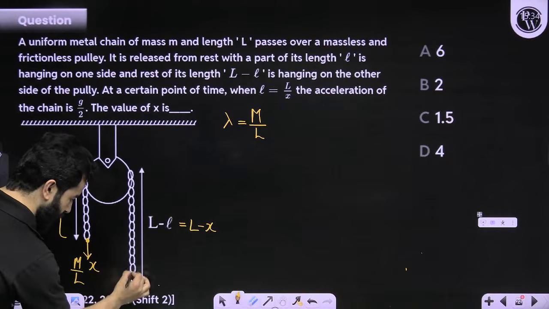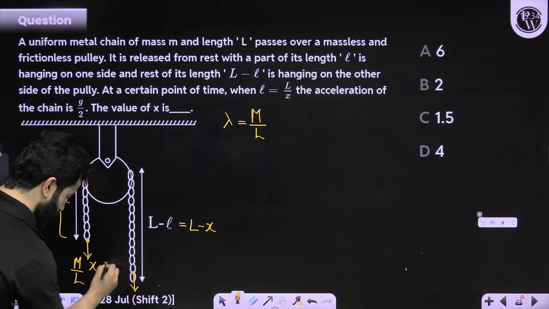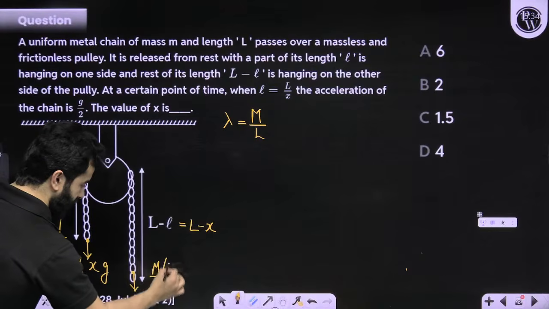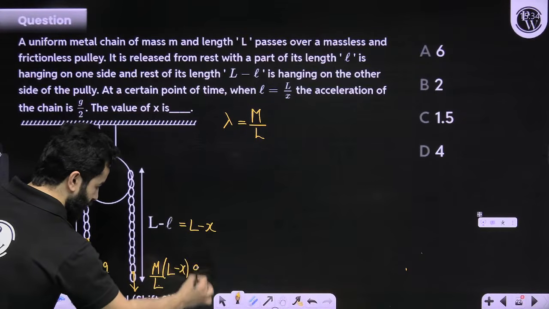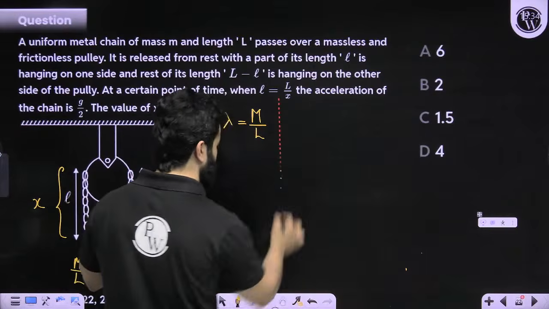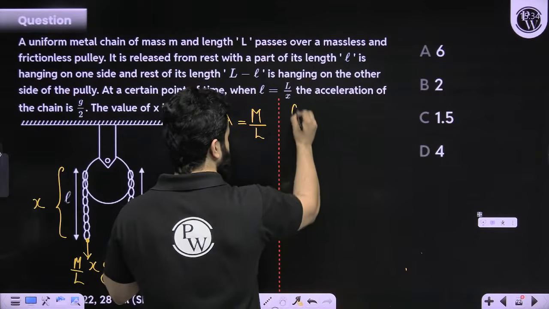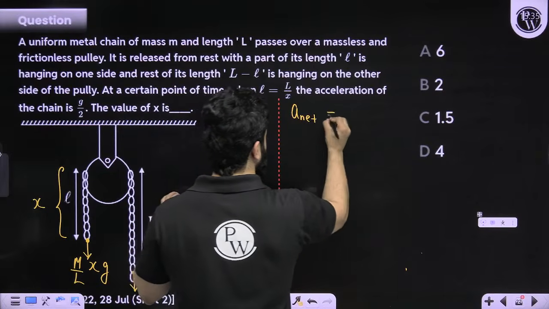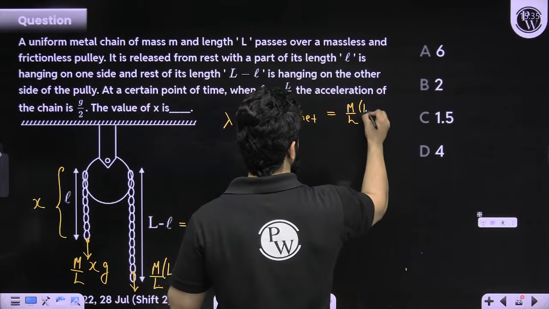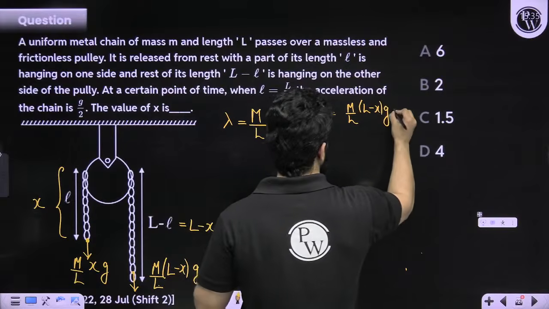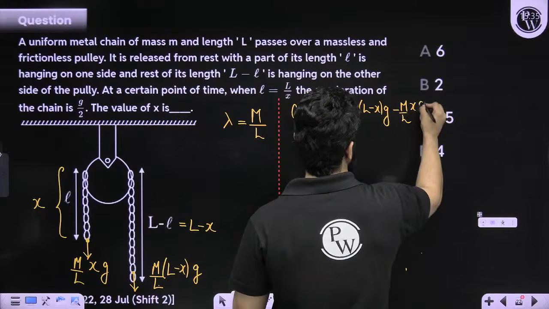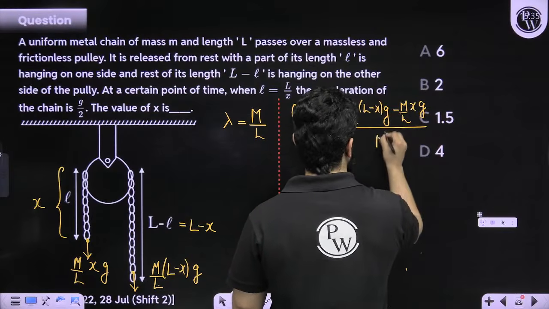So this force will be m by L times L minus x times g. Concept is exactly the same. There is no change in concept. Still, a net will be equal to the net pulling force, which is m by L times L minus x times g, minus m by L times x times g, whole divided by total mass m.